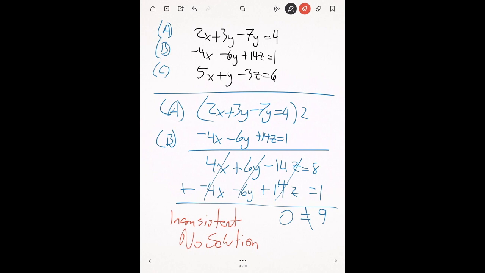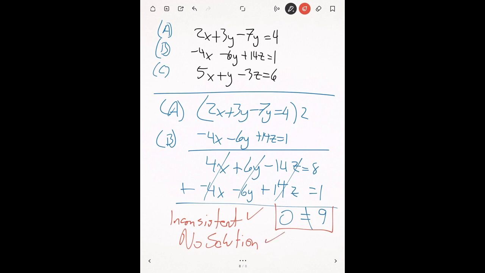It has no solution to it because right away, as I'm trying to solve this problem, I immediately came across a contradiction. If you are doing work to solve a system of equations in 3 variables, and anytime you come across a contradiction, you automatically say, I have to stop my work. I have to stop here. I can't go any further. And you say this is inconsistent and it has no solution to it.